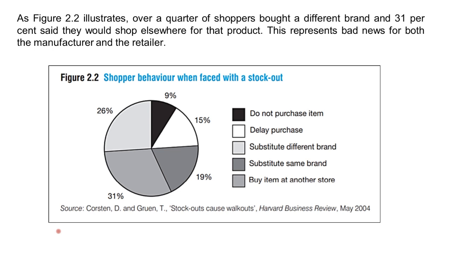So, the third level is substitute different brand, which is 26%. Itong 26% as you can see, kung wala yung item na hinahanap nila, mag-iiba sila ng brand, pero same product lang din yung kukunin nila. So, for example, sa housekeeping department, kailangan nila ng laundry detergent.